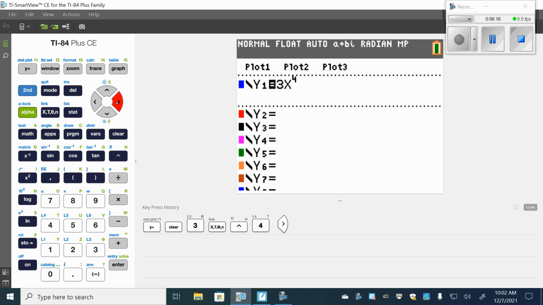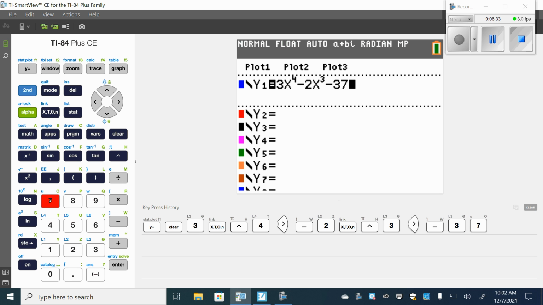Minus 2x to the 3rd minus 37x squared. X squared plus, what is it, 42x?